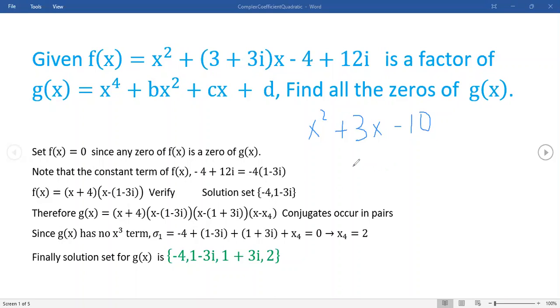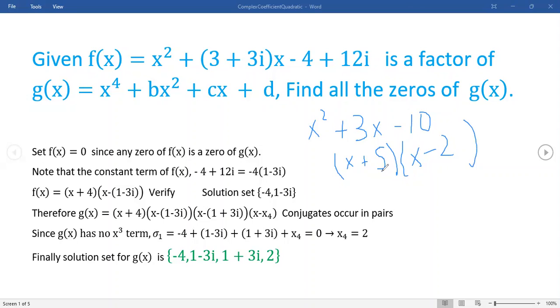Notice this factors into x plus 5 and x minus 2. That's easy. You learned that in middle school, right? Some of us did, at least. Anyway, notice that the plus 5 and the minus 2 are divisors of negative 10.